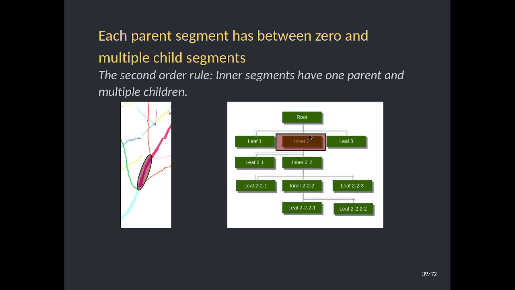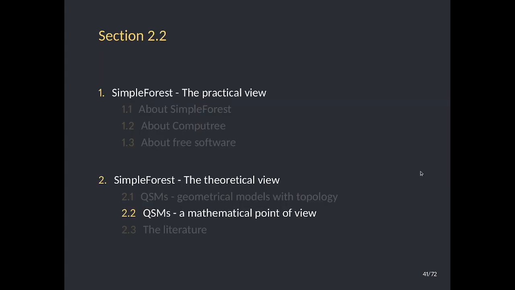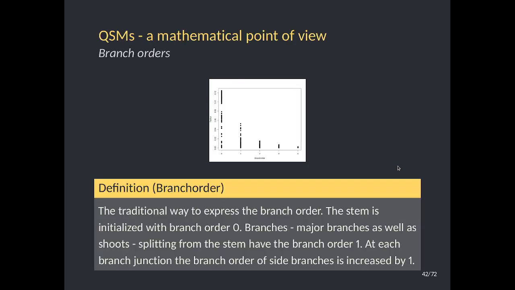The pink one again has its own children, so it's an inner node. And the two other ones, which are twigs, are leaf nodes. So the root has three children. This is everything which you need to define the topology of a QSM.